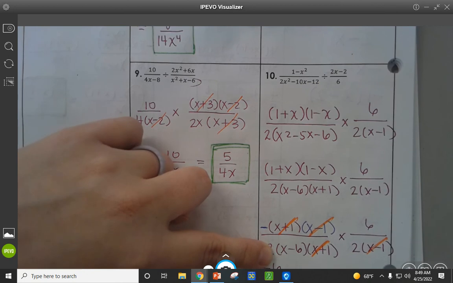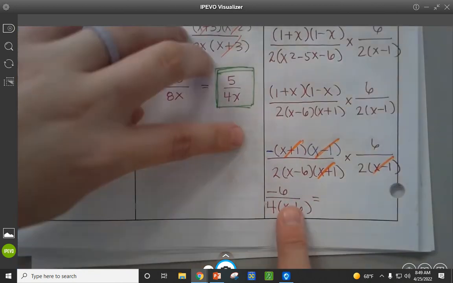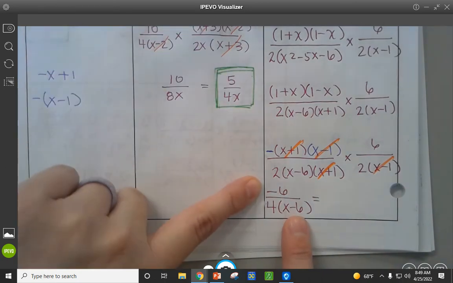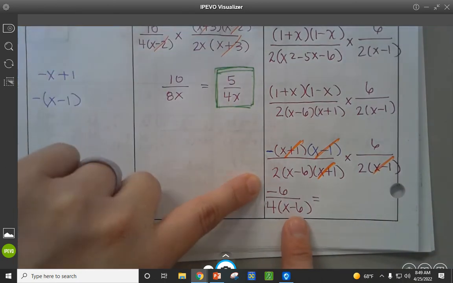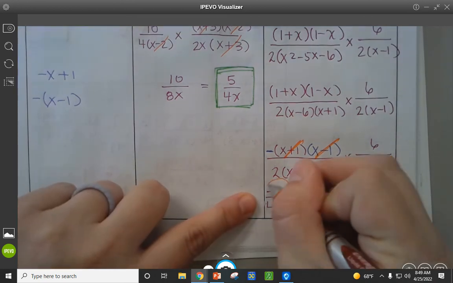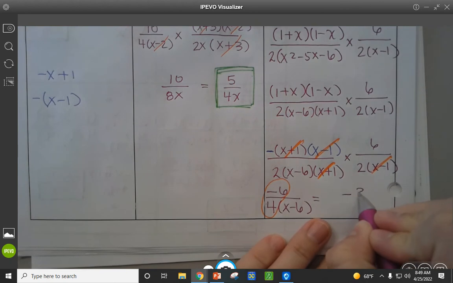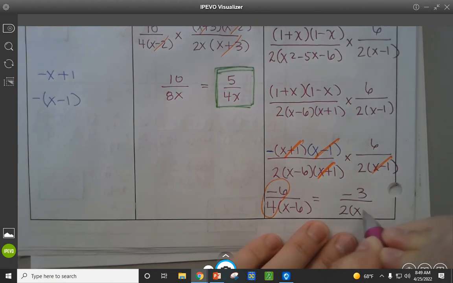No. This is x minus 6. That x minus 6 goes all together. You can only cancel out an x minus 6 and an x minus 6. But you can simplify the numbers in front. What does negative 6 over 4 simplify to be? Negative 3 over 2.